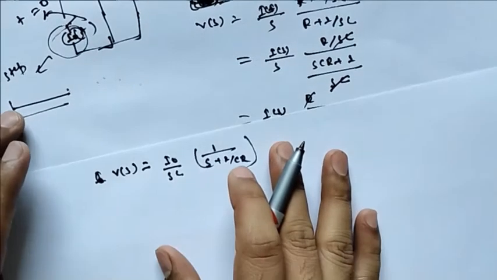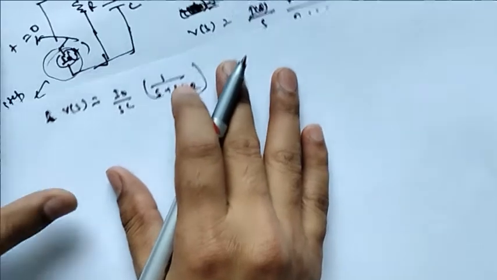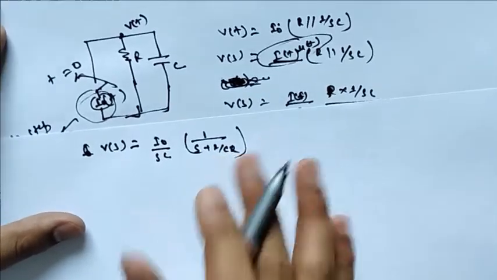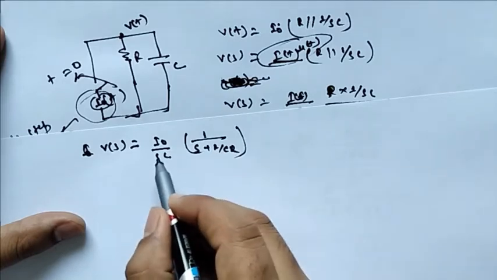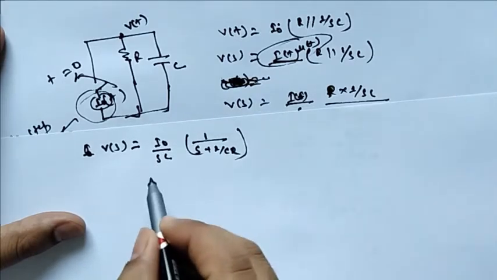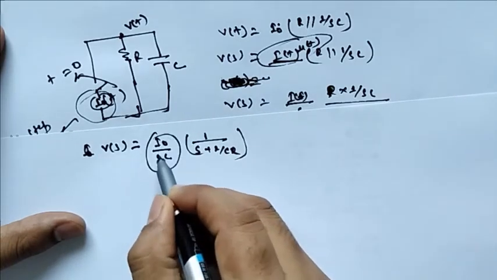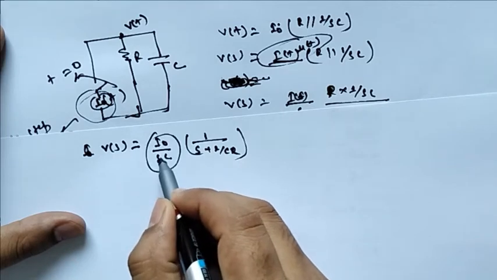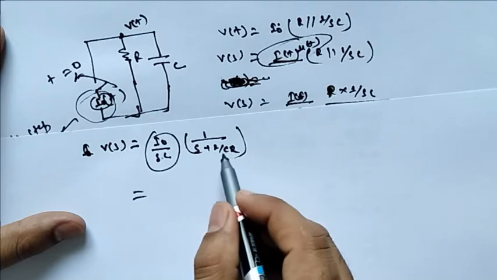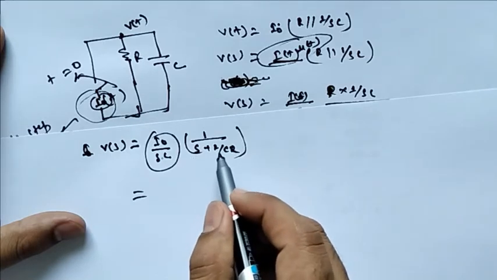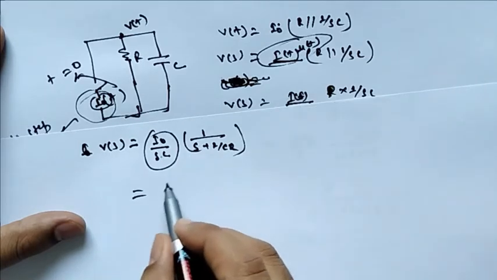For finding the coefficient of S, we are just going to put S equal to 0 in the remaining function. If I put S equal to 0, then we are going to get R.